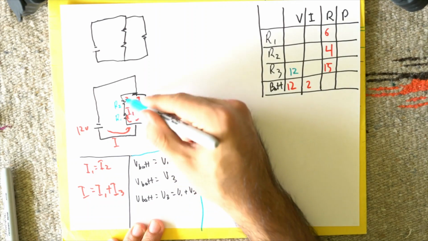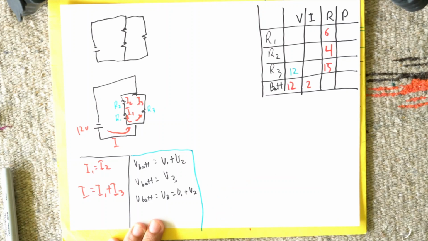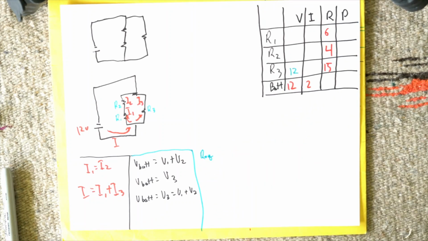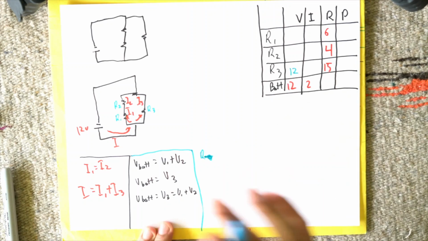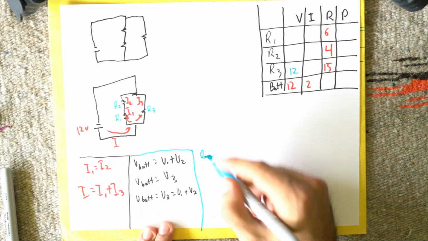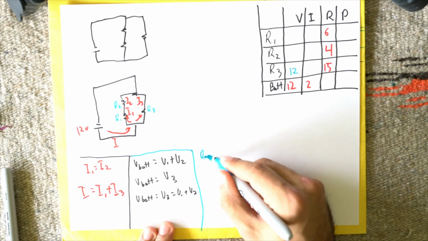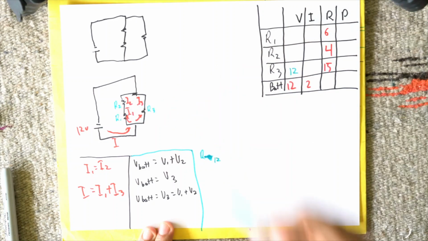Remember that these two are in series with one another and both of them are in parallel with this one. So the R equivalent of the circuit is going to be a little complicated. Instead of doing the total equivalent all at one time, which might be confusing, let's do it in steps. Let's call it R12, the equivalent of both of these.